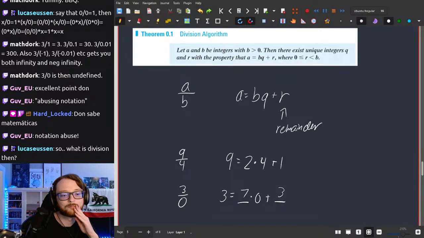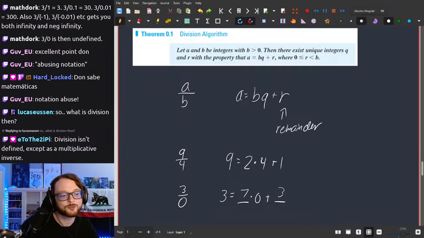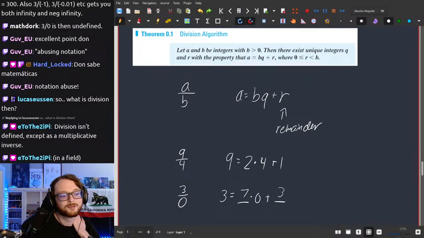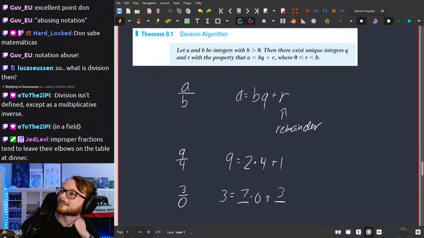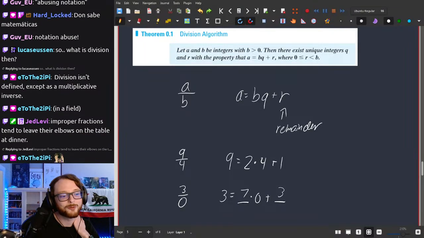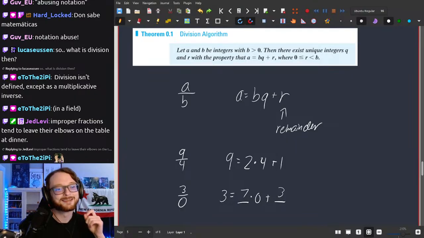If you have, say, or not improper fractions. That's an improper fraction. You know what? This isn't the actual definition. This is the algorithm. That's why. Improper fractions tend to leave their elbows on the table at dinner. Oh my god. Okay, yeah, this isn't the definition of division. This is just how you do division.